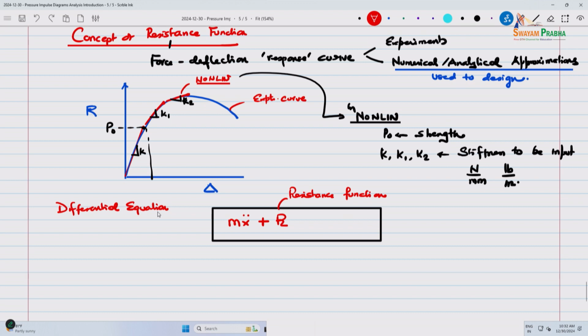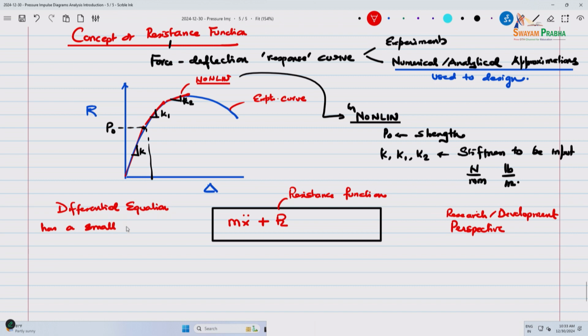From a research or development perspective, you can use this concept for any type of structure. So, the differential equation has a small difference. In this case, we replace kx by r, which is the resistance function.